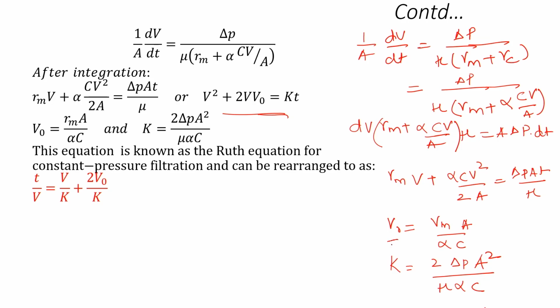Now, by putting in the values V naught and K, this equation can be simplified as V square plus 2 V naught V equals K into T. Now, we can divide by V on this side and K on this side.